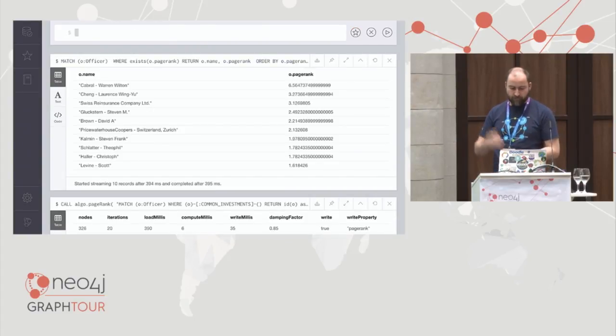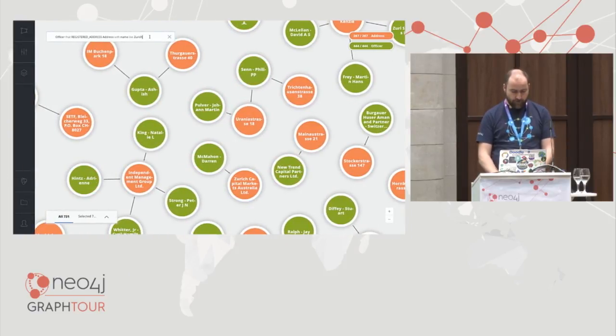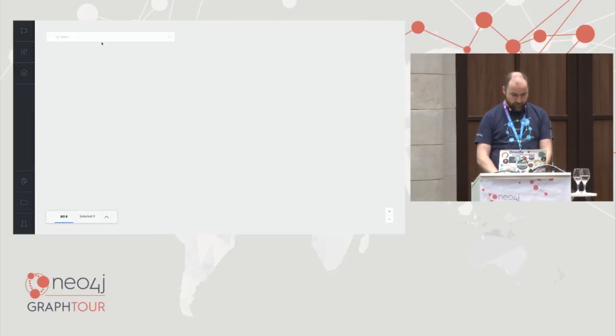So we see there's some people there, but also is some one really interesting company here, right? PricewaterhouseCoopers, you might have heard of them. So they're also part of this Paradise Papers data. And now we can take this information, for instance, go back to our Acme Viz visualization and run this statement again.